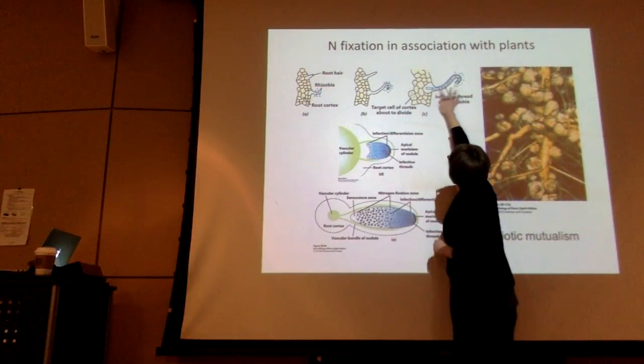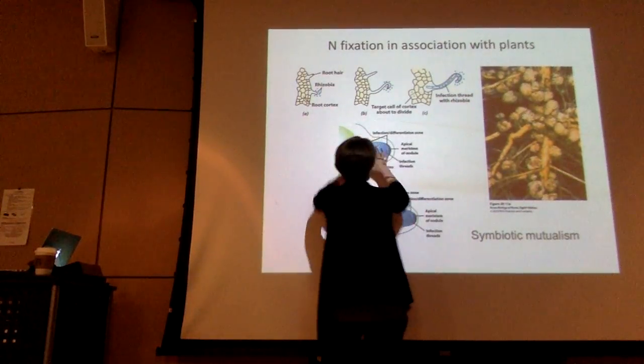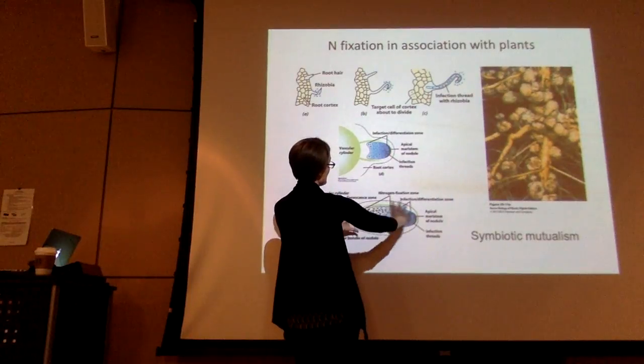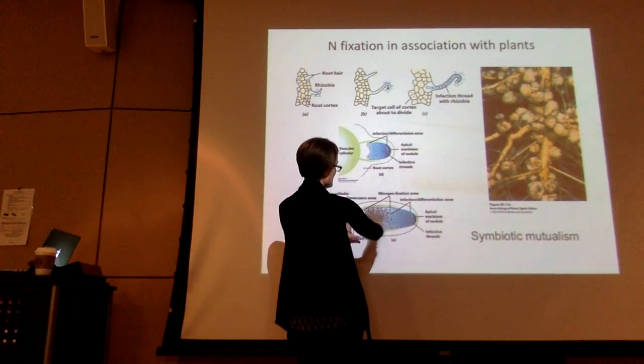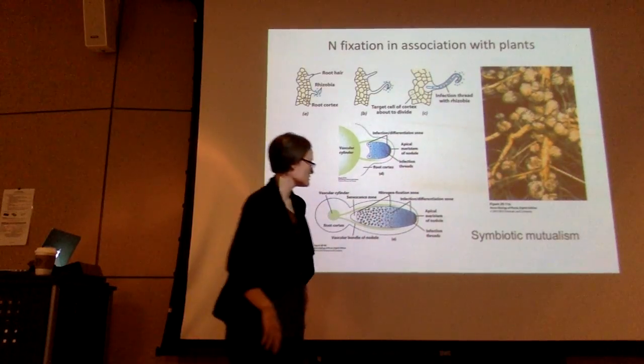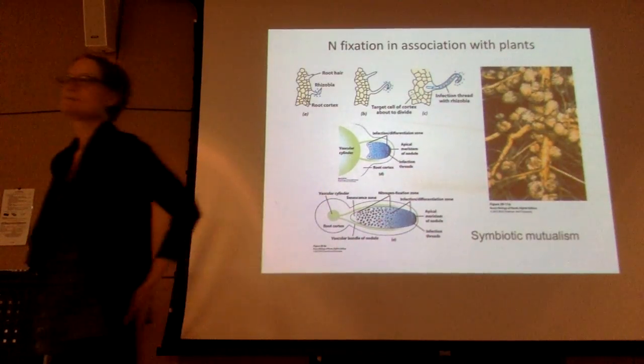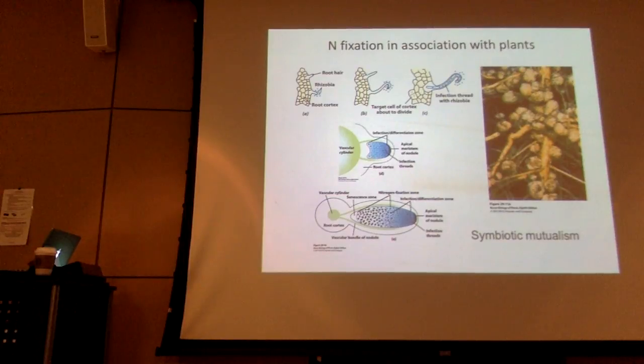The bacterium infects, makes a nodule, and once that is large enough, they have an area of that nodule that undergoes nitrogen fixation. We said this is a symbiotic mutualism. Okay, so symbiosis, what does that mean?